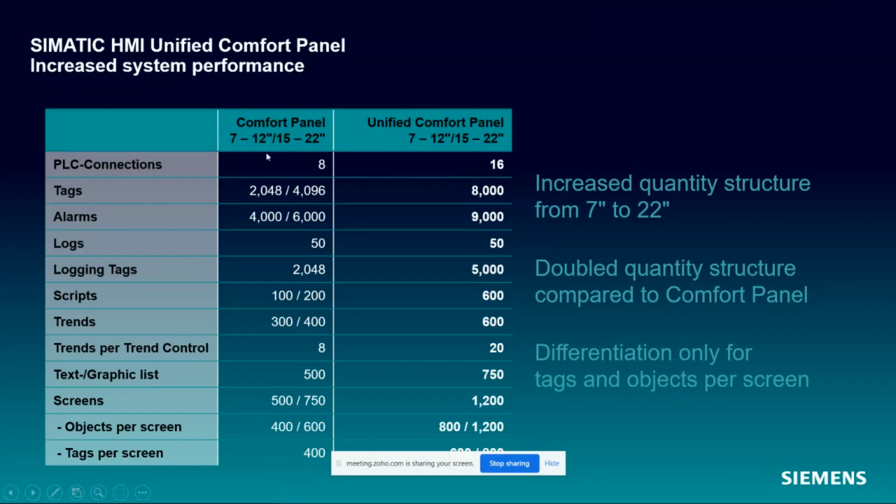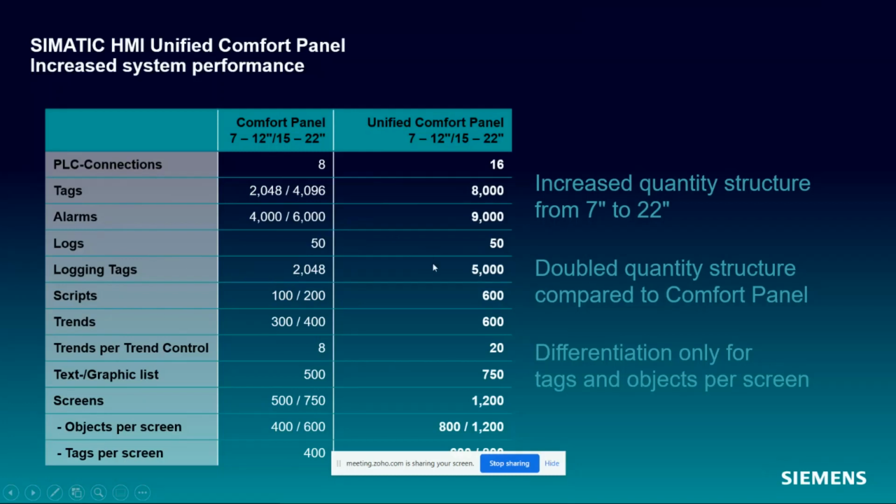And then tags, okay, if it was 7 to 12, it's 2048, and then if it's larger, it was 4096. Well, it doesn't matter now. From 7 to 22, it's going to be 8,000 tags. Same thing here, 9,000 alarms. The logs are the same, 50, 50.